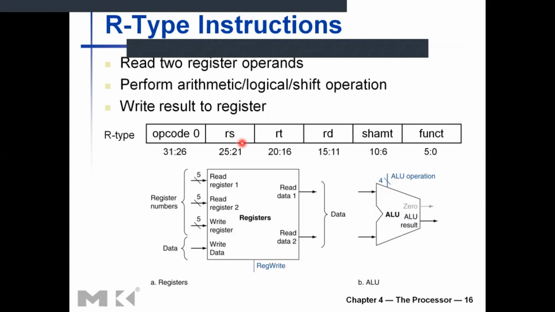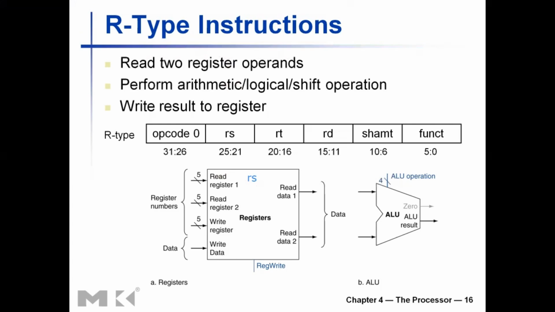So you have three register numbers, RS, RT, and RD. So this is RS, and register number 2.